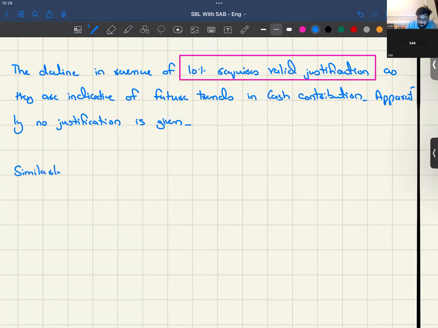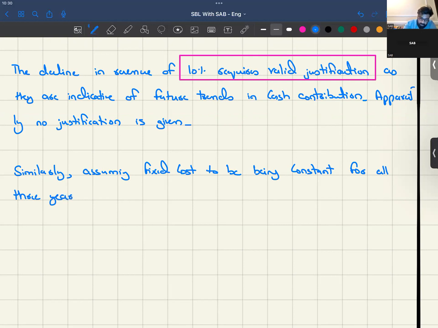Similarly, assuming fixed cost to be constant. Now here, an element of questions needs to be raised, right? Assuming fixed cost to be constant for all 3 years, at least they must be updated for inflation, right?